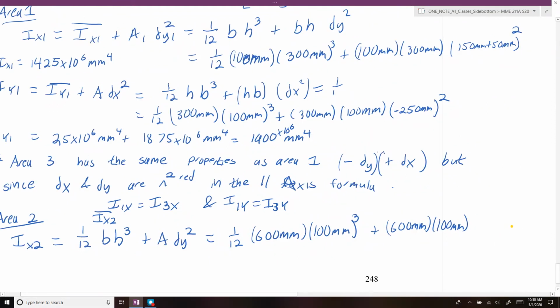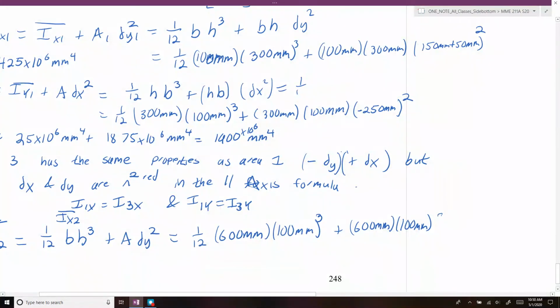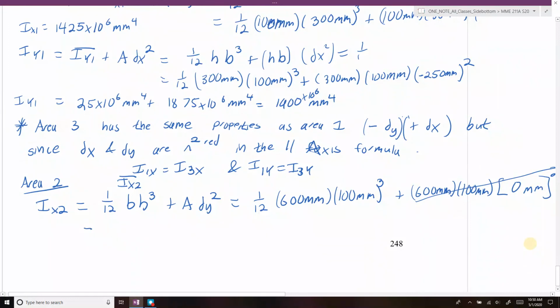But since the centroid of our area and the centroid of the axis we're trying to find the moment of inertia about are the same, our dy in this case is going to be equal to 0 millimeters. So this whole term will end up being equal to 0, and for Ix2 we end up with 50 times 10 to the 6th millimeters to the 4th.